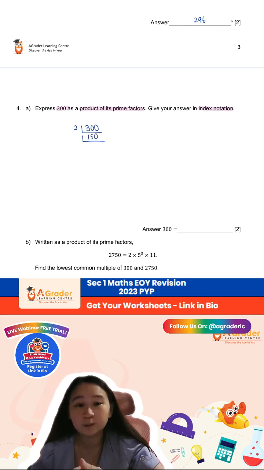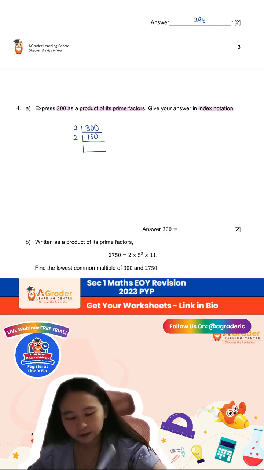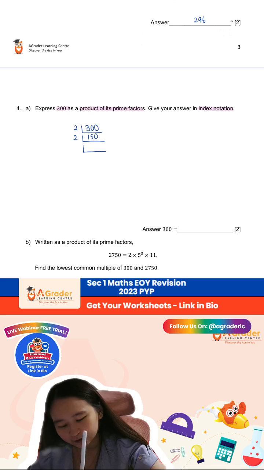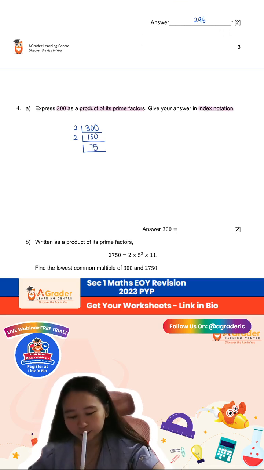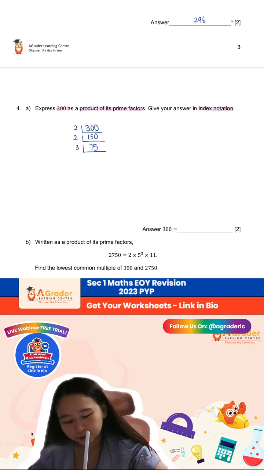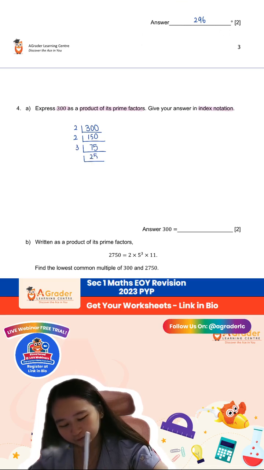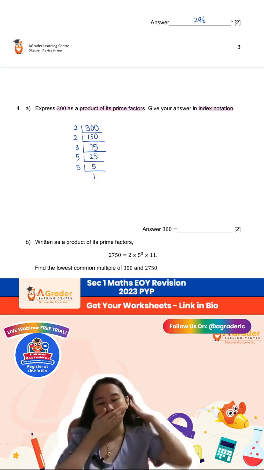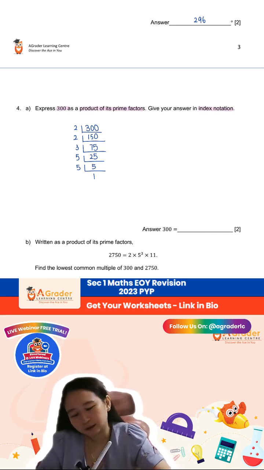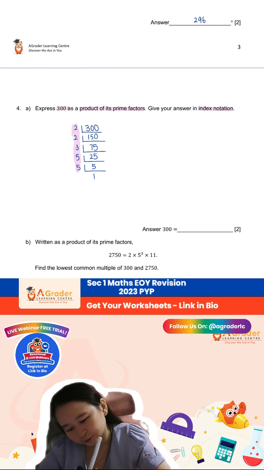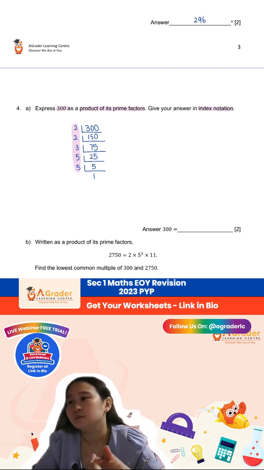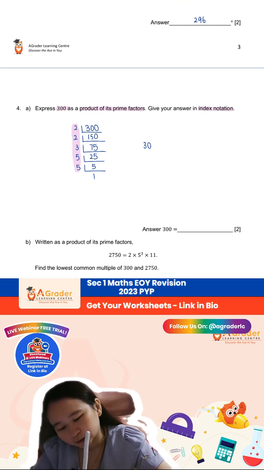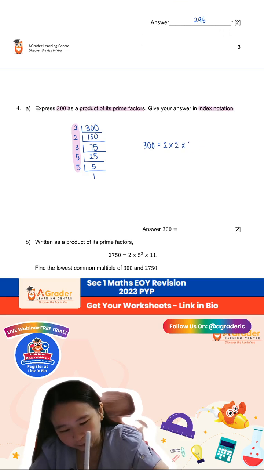It's still an even number, so you can still divide by 2. 150 divided by 2, you get 75. After which 75, you can divide by 3, you get 25. Then 25 divided by 5, you get 5. So you divide all the way until you get 1. So here are all the prime factors of 300. Okay, so 300 is equal to 2 times 2 times 3 times 5 times 5.